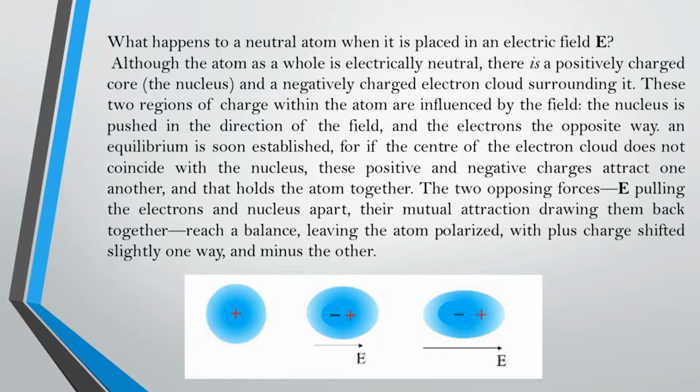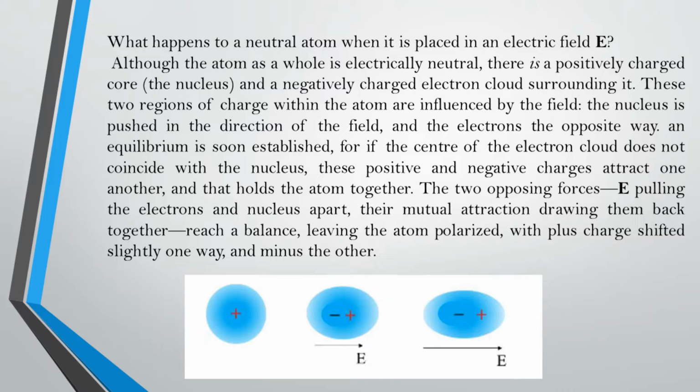But there is a positively charged core, that is the nucleus, and surrounding it there is a negatively charged electron cloud. The centers of the negatively charged electrons and the centers of the positively charged core coincide in a neutral situation.